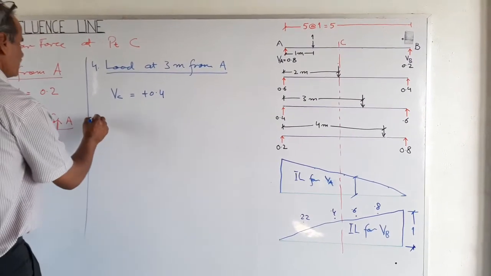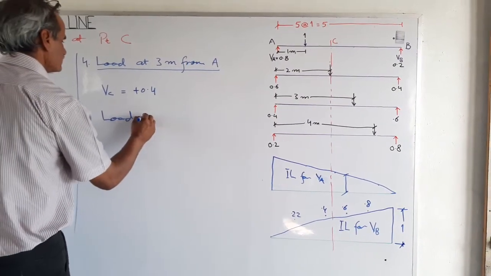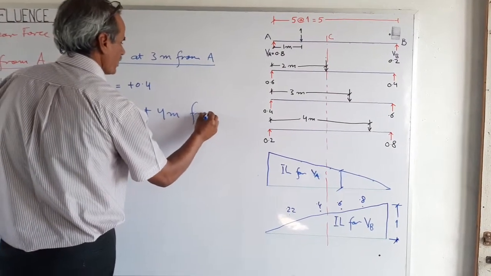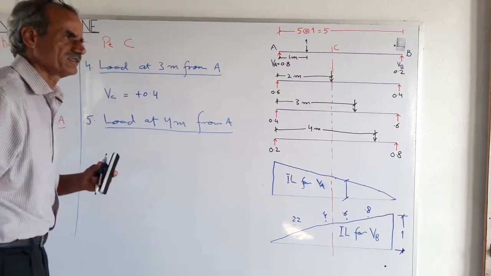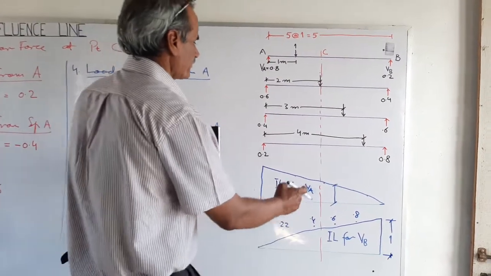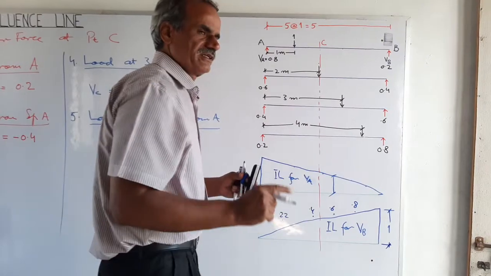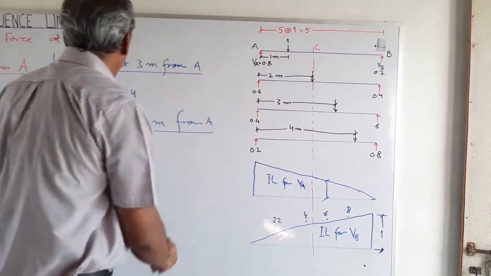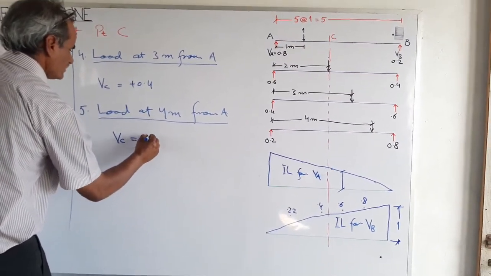Further moving ahead, now the load at 4 meters from A. Again applying the same principle and conventions, when the load is at 4 meters, moving from the left side till our section, there is only one transverse force, the reaction at A, and that is 0.2. So VC shall be equal to 0.2.